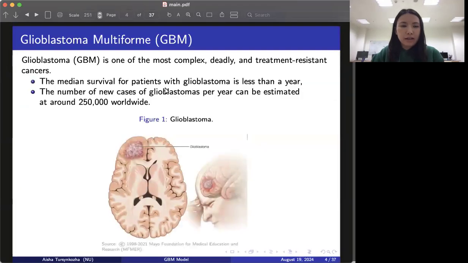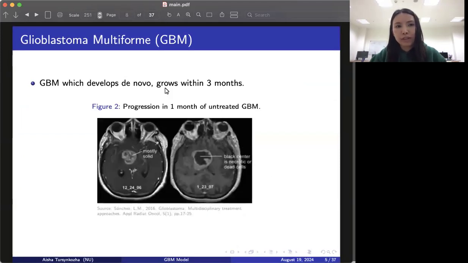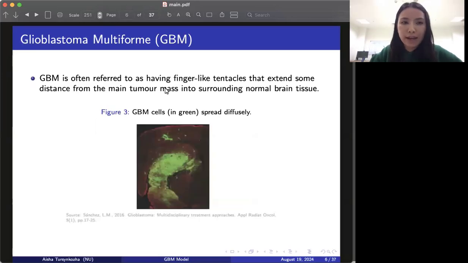As Mark already introduced, glioblastoma is one of the most complex, deadly, and treatment-resistant cancers. Usually this glioblastoma develops de novo within 3 months. It is really hard to remove surgically since it has finger-like tentacles that extend some distance from the main tumor mass into the surrounding normal brain tissue.